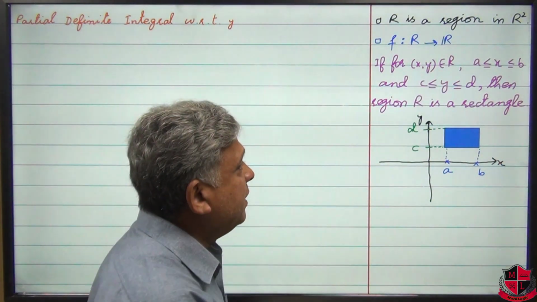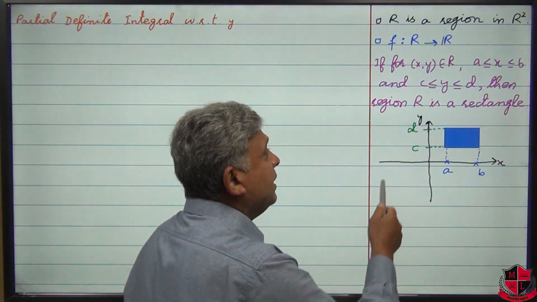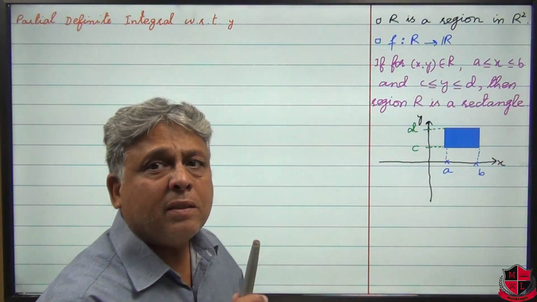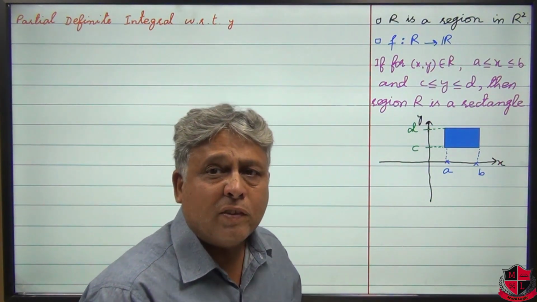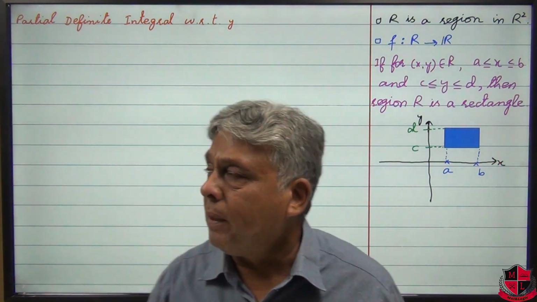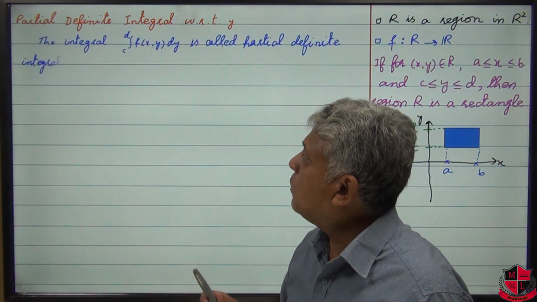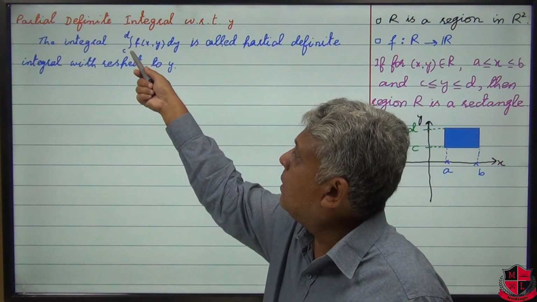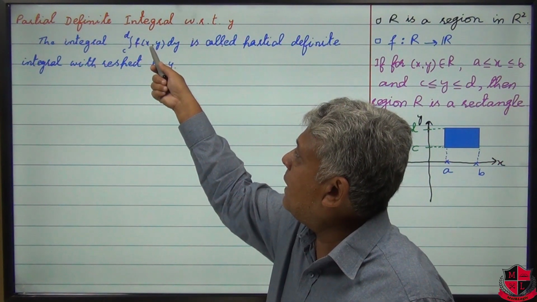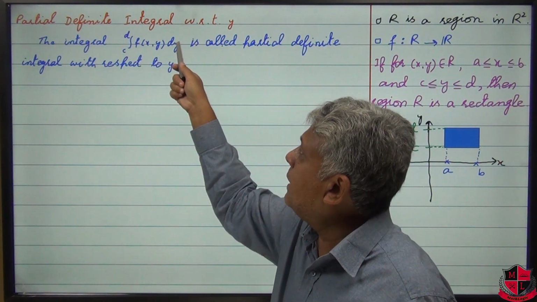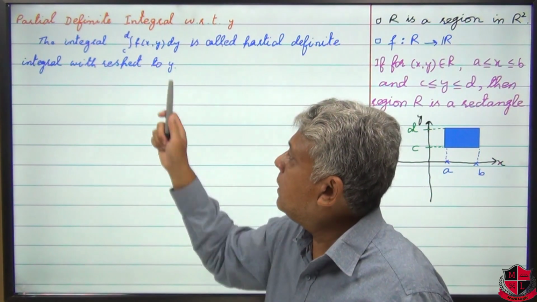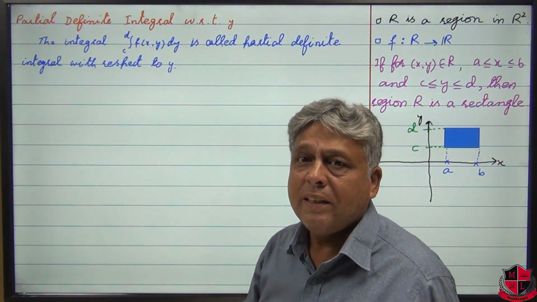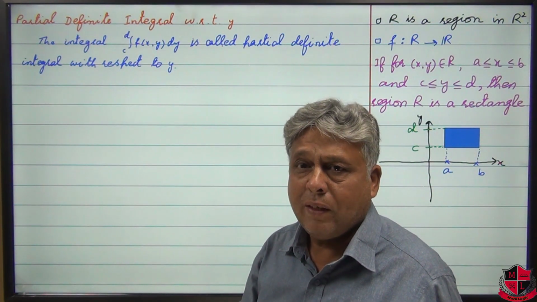Our region R is a rectangular region, and what is the partial definite integral with respect to y? It is written as the integral of f of x, y from c to d dy. This integral is called the partial definite integral with respect to y.